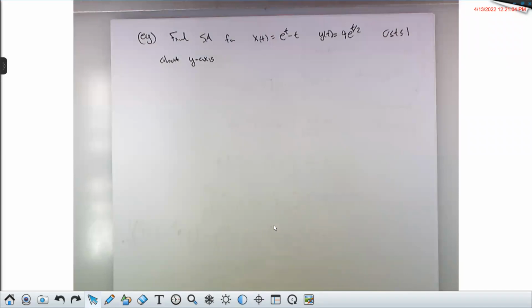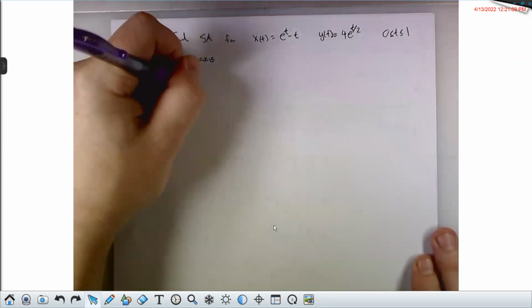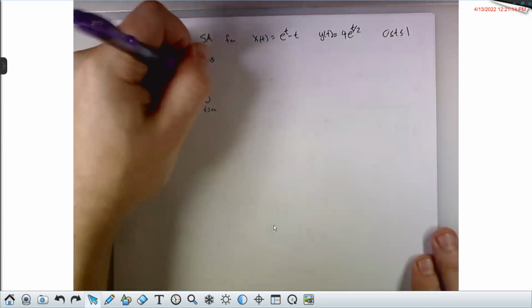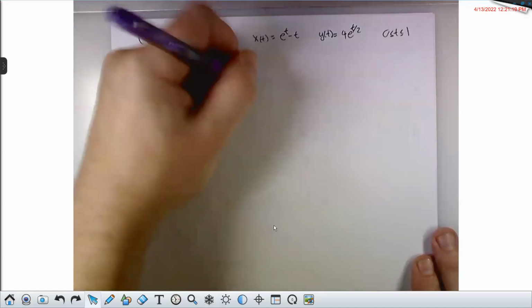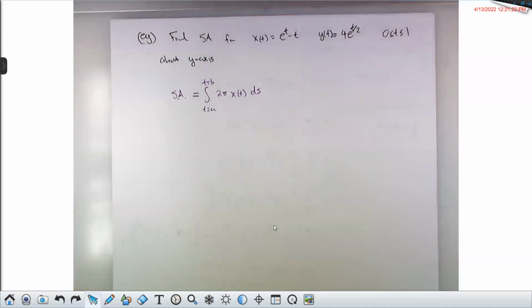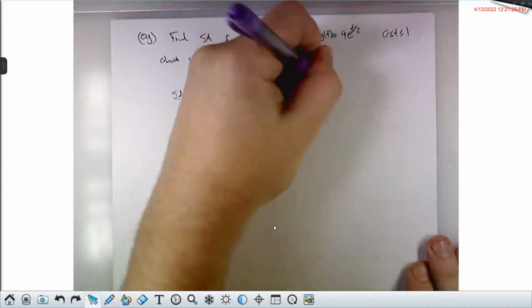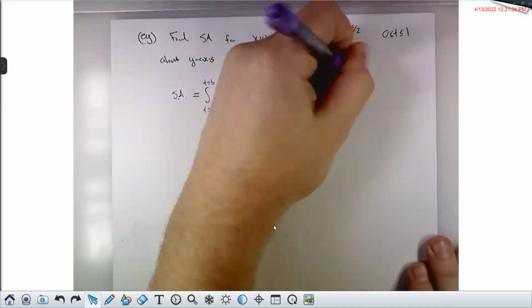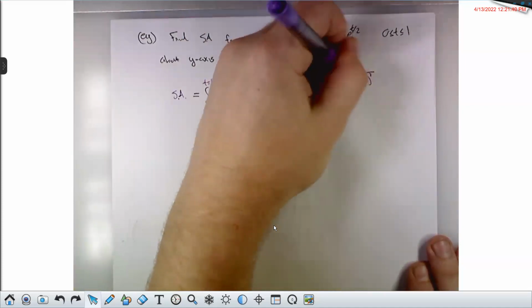We know we're going to need this formula. The surface area about the y-axis is the integral from t equals a to t equals b of 2 pi times x of t times ds. And I'm going to cheat here a little bit. We calculated ds for this curve earlier. ds is the square root of dx dt squared plus dy dt squared dt.